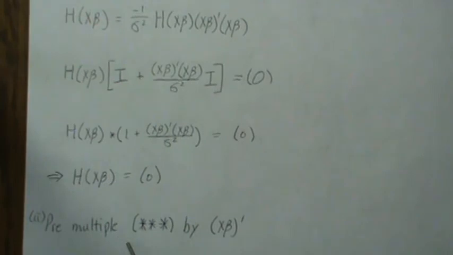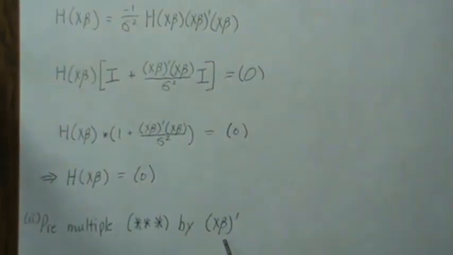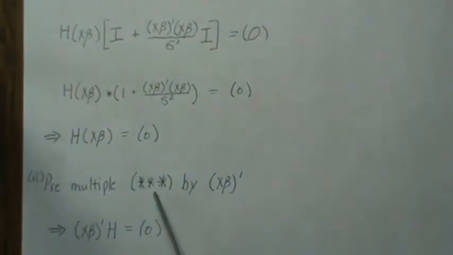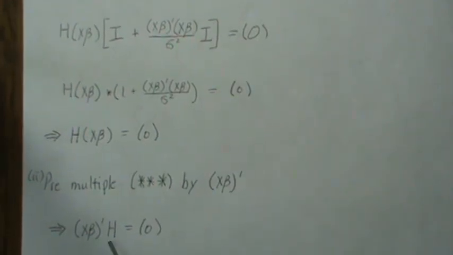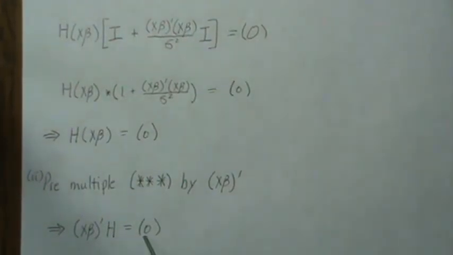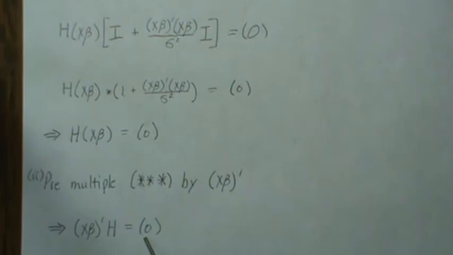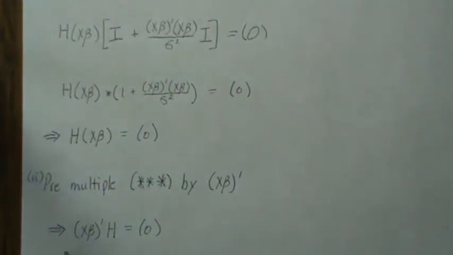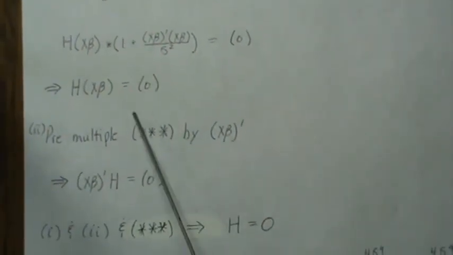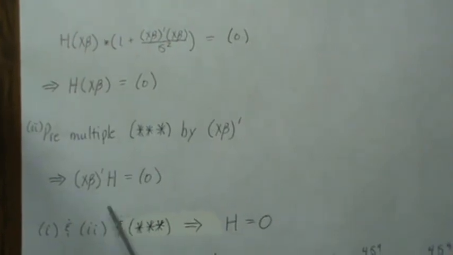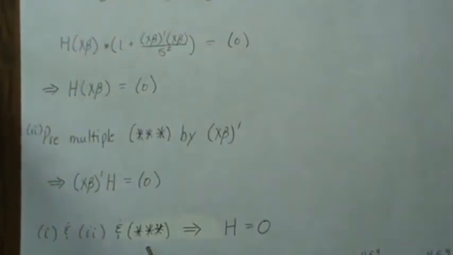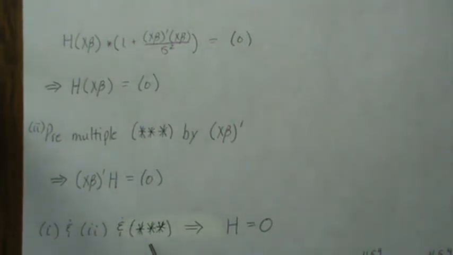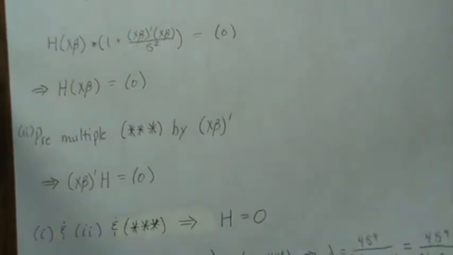So now let's pre-multiply by x beta transpose, and because the video is getting long, you can use the same argument to show that this is 0. Okay, so by 1 that we just showed here, and 2 we just showed here, and the definition of 3, h is 0.